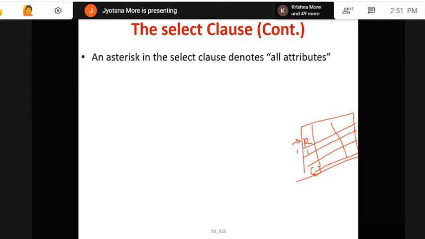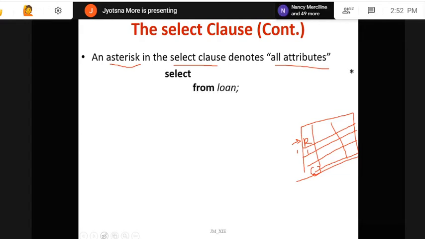So in that case, I can use a syntax that is known as an asterisk, star. So I can use asterisk in my select clause to represent all the attributes with all the values. When I write star, it means select all the attributes from that particular table. So the query will be like select star from table name.